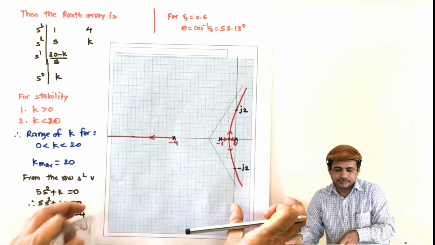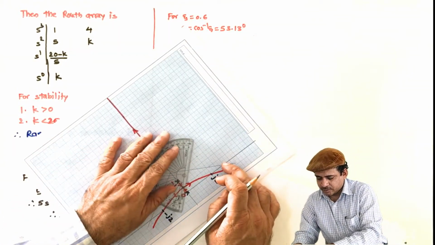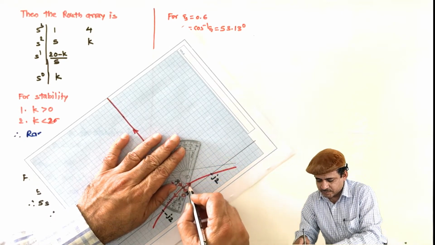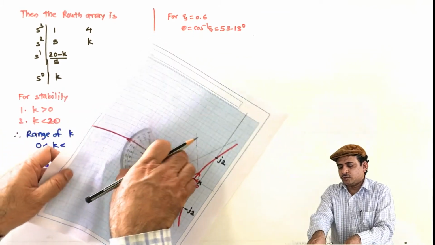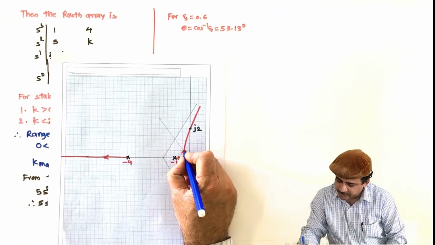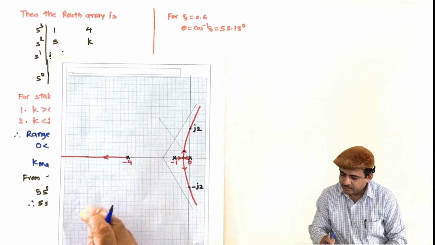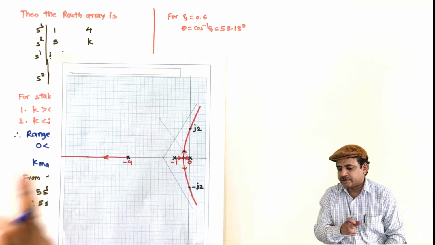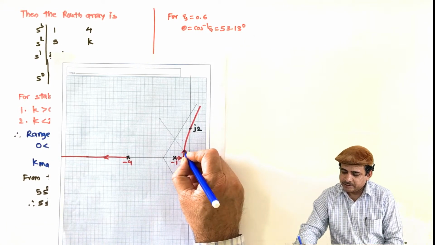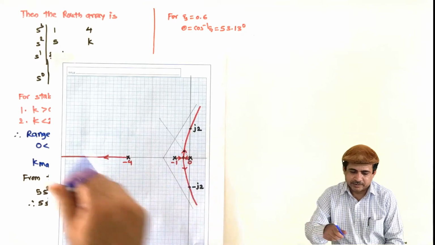And then draw a line. So this is the point where the root locus intersects this 53.13 line. So this is the point where zeta is 0.6.